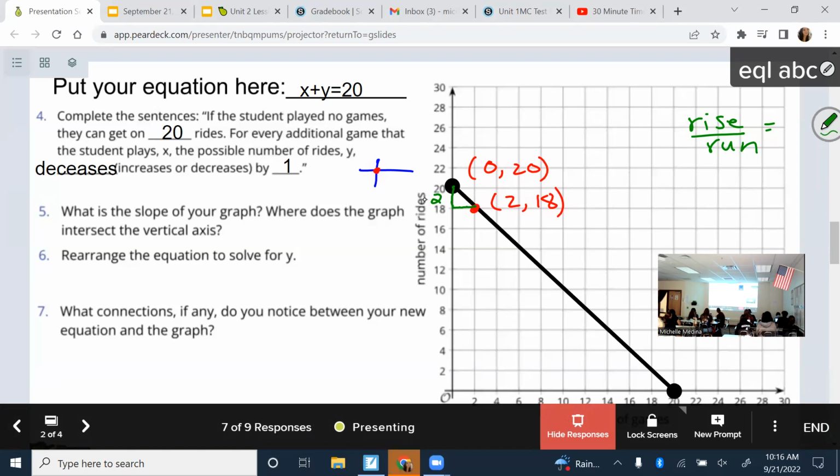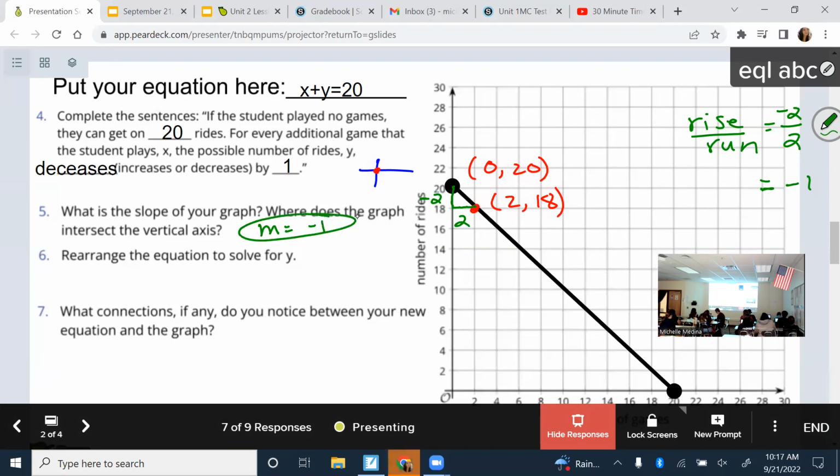And since it's decreasing, I should put a -2. What's my run right here? 2. Again, because it's numbered a little bit differently. But then when you simplify this fraction, what does it simplify to? What's -2 divided by 2? -1. So that is my slope.